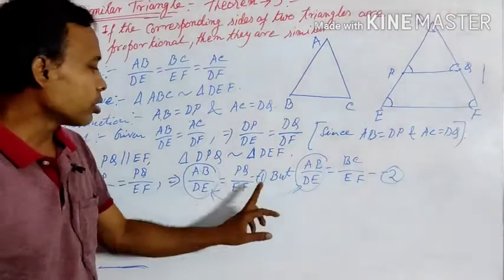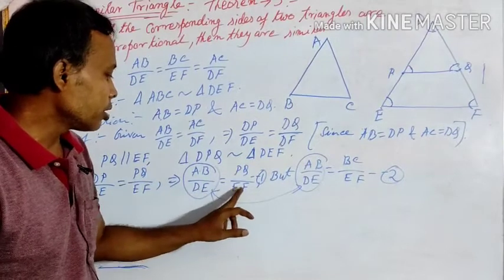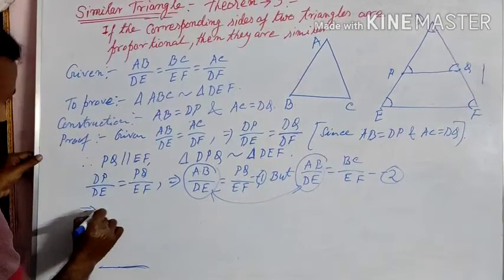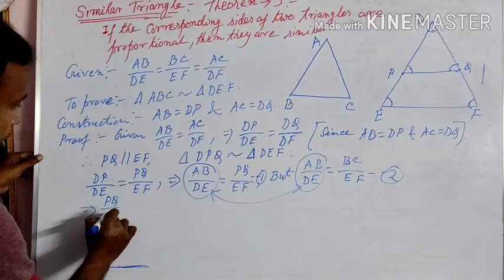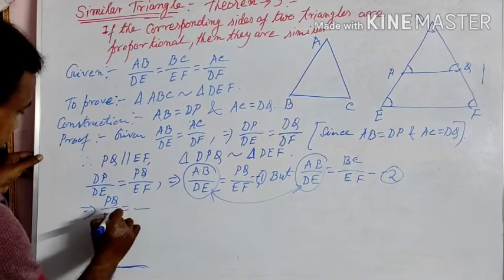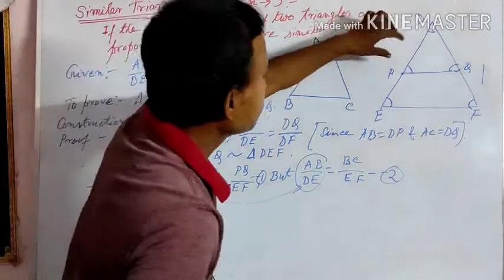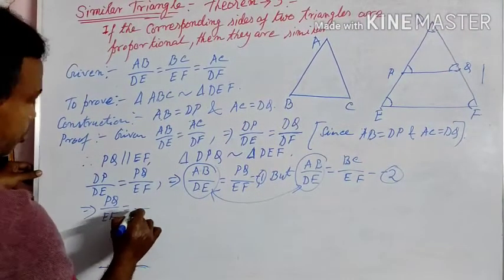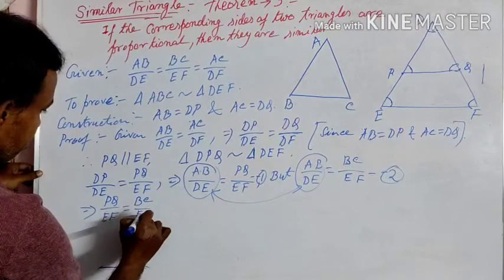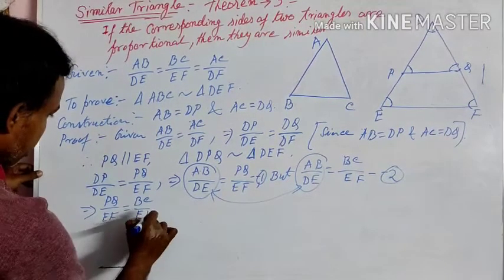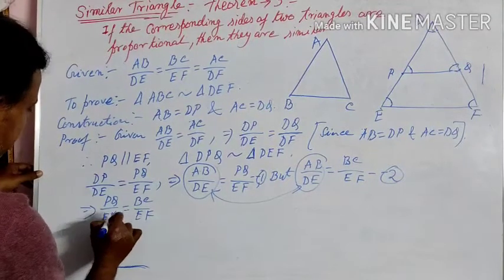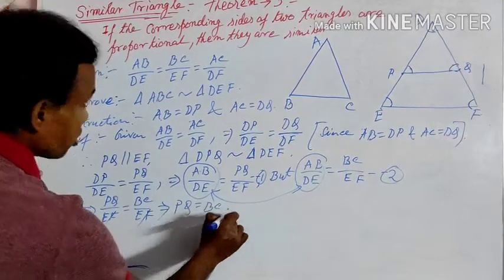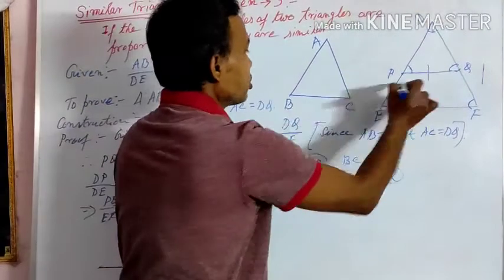Therefore the right hand sides are equal, that is PQ by EF is equal to BC by EF. EF cancels out. Therefore PQ is equal to BC.